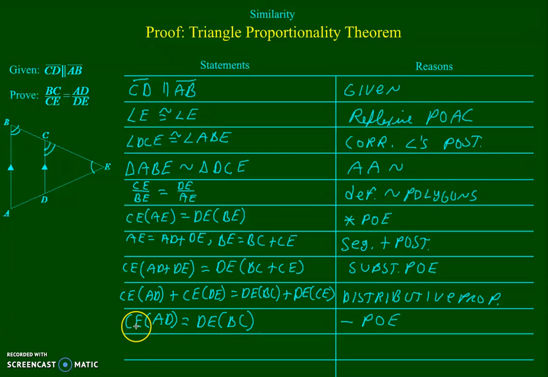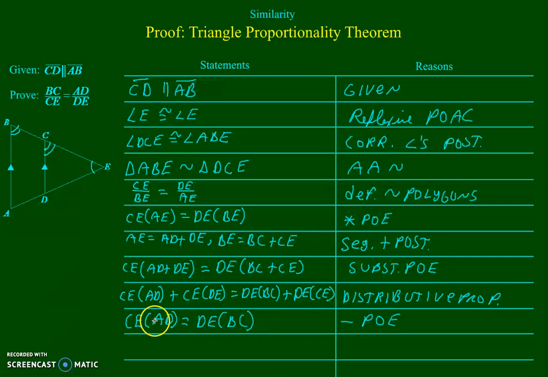And now you'll notice that we have a CE and an AD on one side, and a DE and a BC on the other side. So we have all the four pieces that we need. We just need to get them into the proper proportion positions so that we have this final proportion.